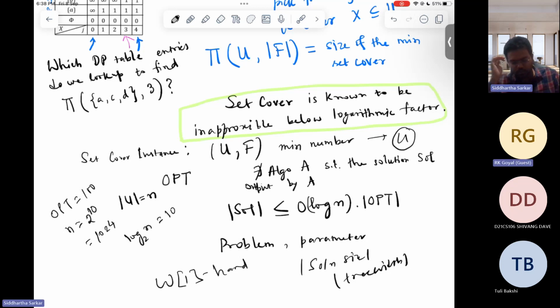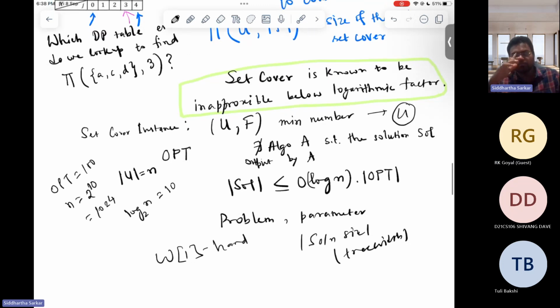So you have a problem at hand. You want to decide its hardness. So you will compare it with the hardness of an existing problem, which is known to be hard. So you reduce, that means you convert the instance of the hard problem into your problem.